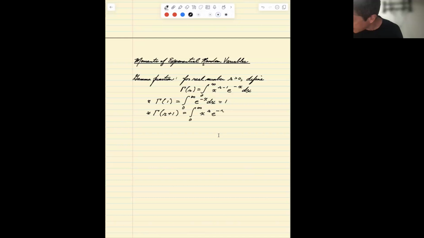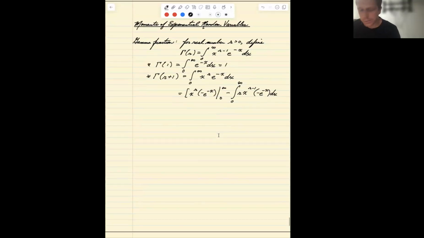Well, we can see that by first writing the definition and then integrating by parts. And if we do that, what we'll see is that this is equal to r gamma r.